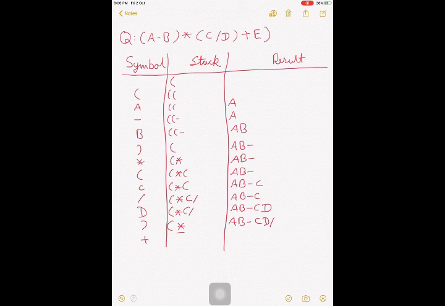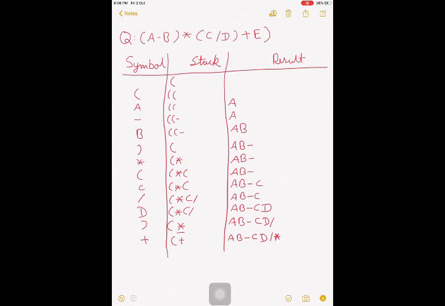So this multiplication operator will move to the result. So the result becomes AB minus CD divide and multiplication. And this plus will move here. So we write plus here.